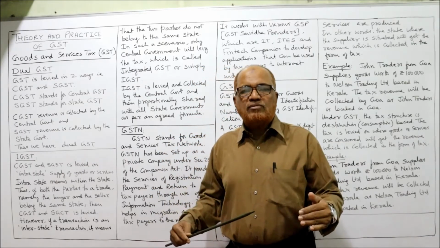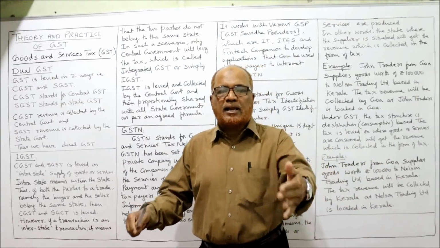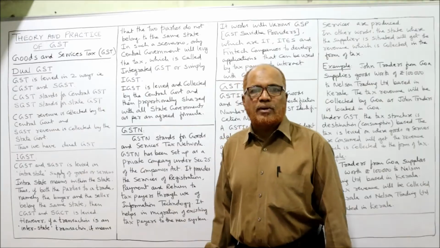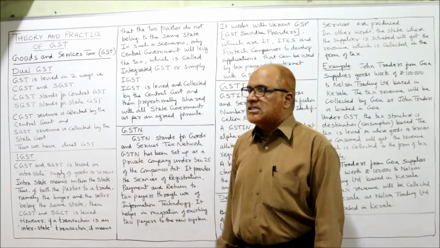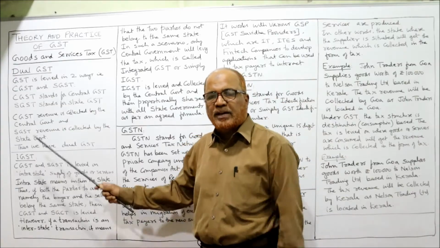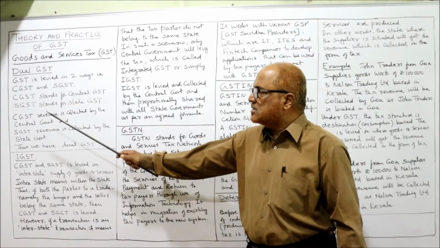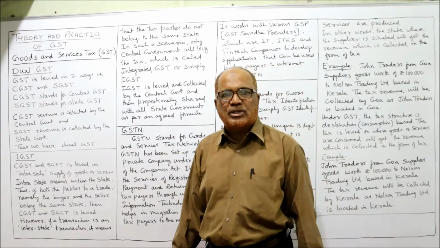That means GST will be collected by the central government and also by the state governments. That's why it is called dual GST. One GST is collected by the central government, the other by the state government. So CGST and SGST are the two types of GST.